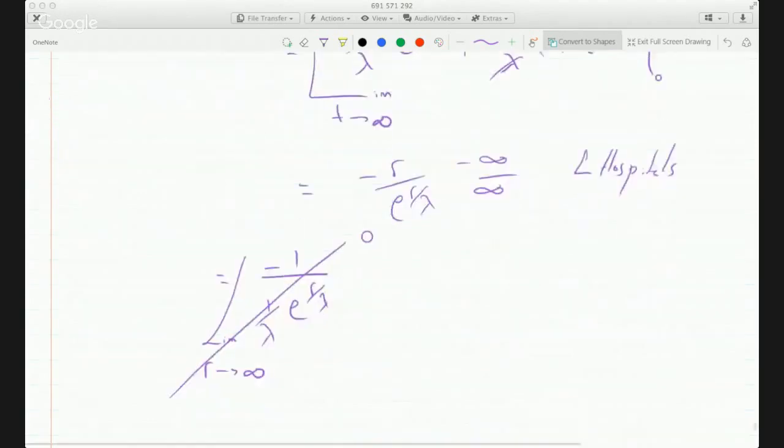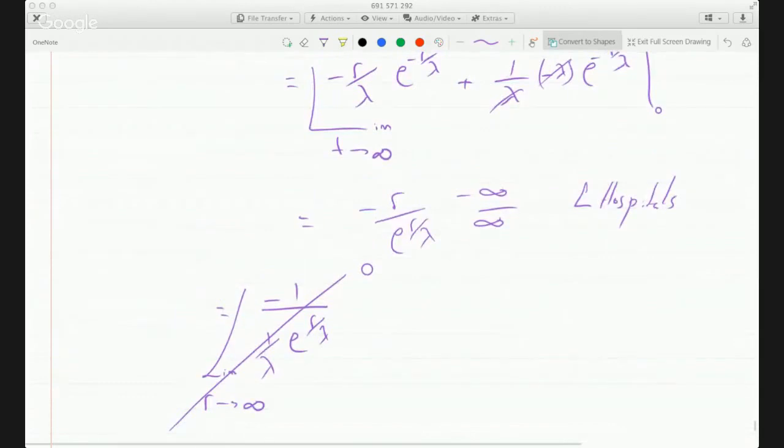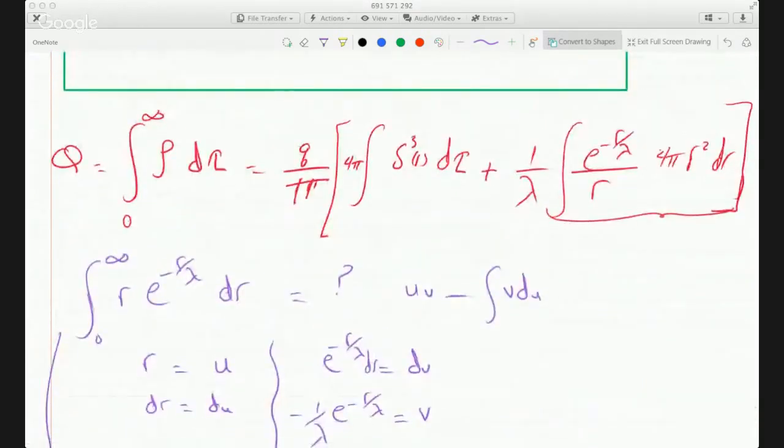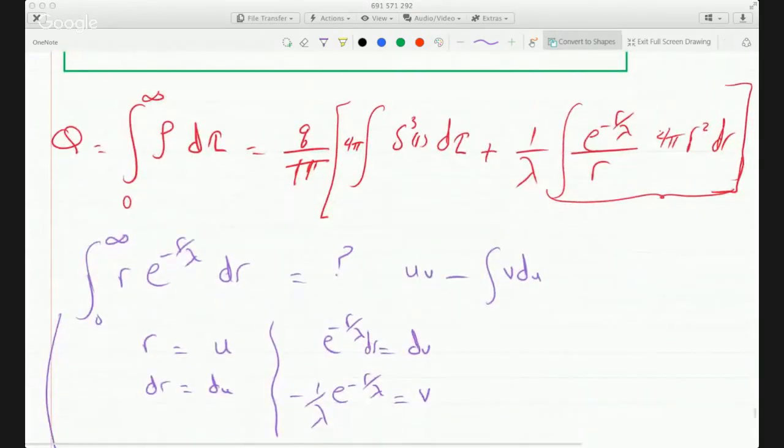Yeah, we get 1. We don't get 0. Oh yeah, because I haven't evaluated the entire integral yet. I don't have to be getting 0 from here because this guy here is 1. Right, right, right.